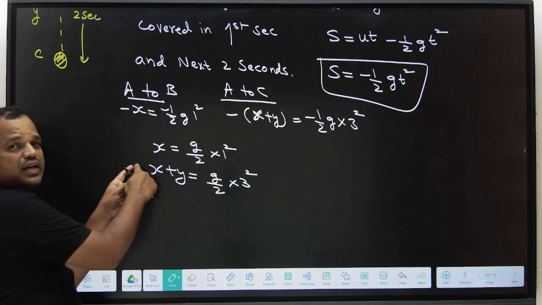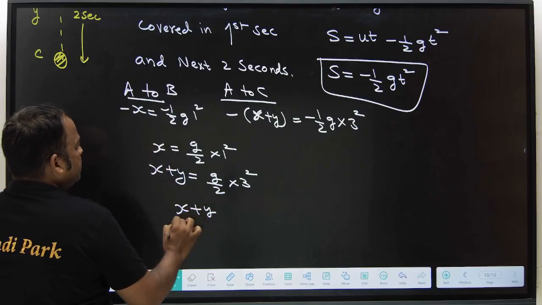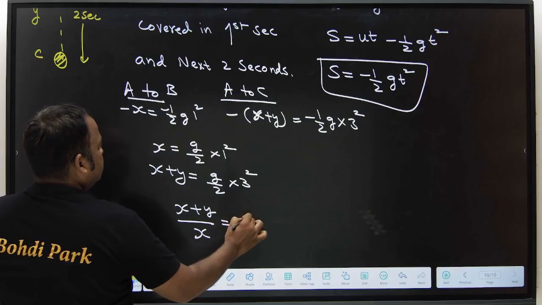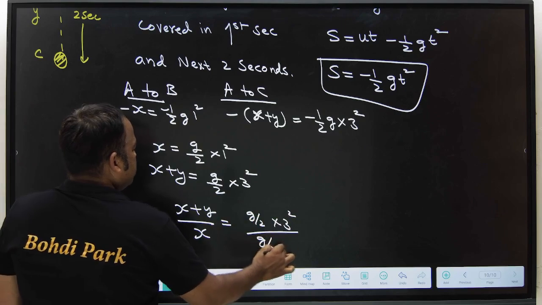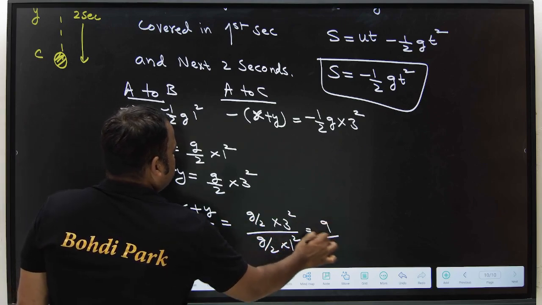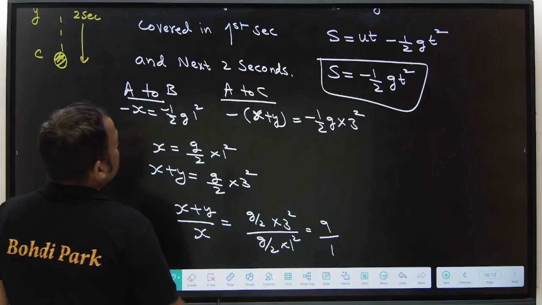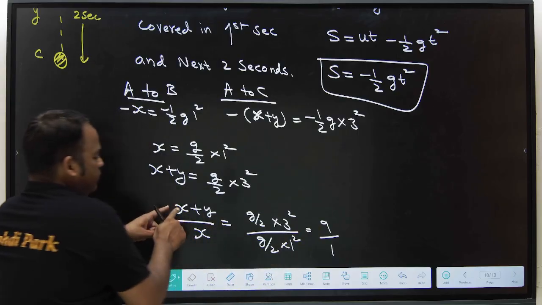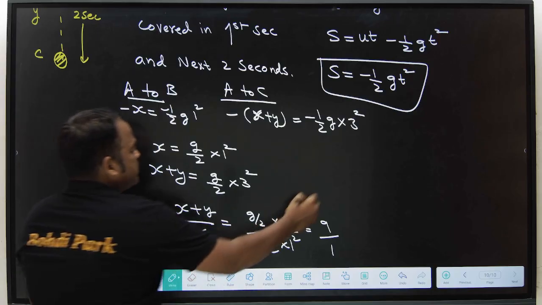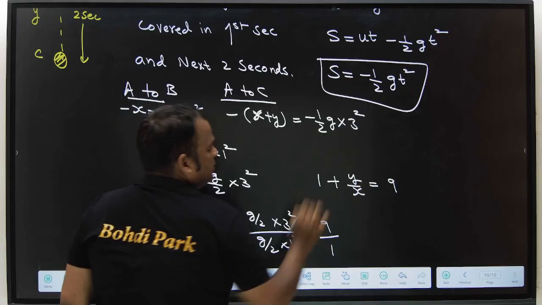Now we will divide (x plus y) by x, which is equal to g/2 into 3 square by g/2 into 1 square. That will be equal to 9 by 1. Now we can solve like this: x by x, which is 1, plus y by x is equal to 9.